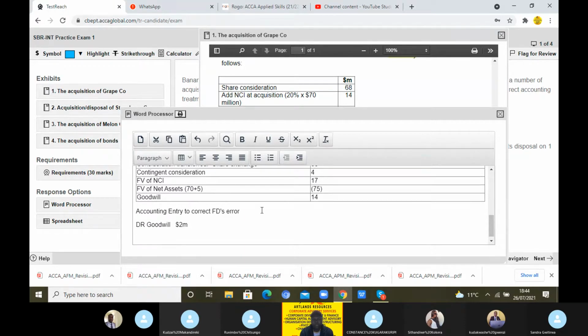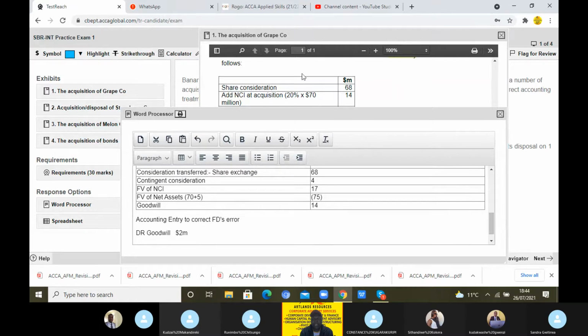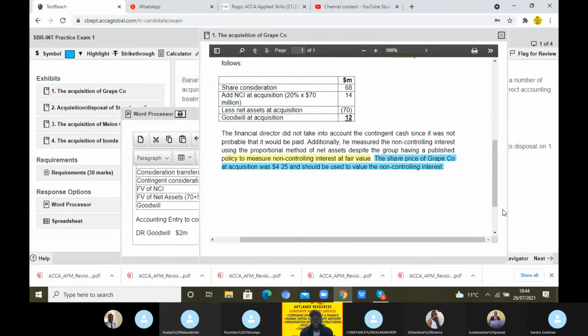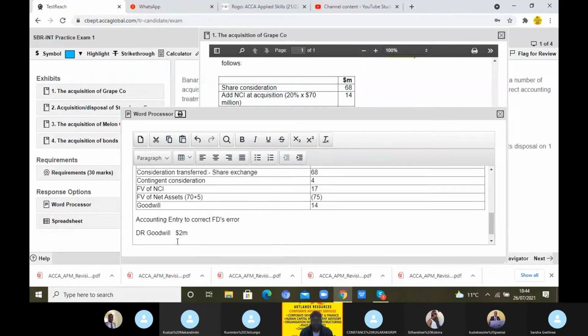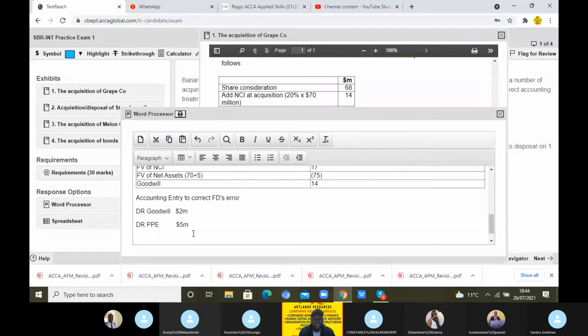What else? Notice, net assets, when you acquired, you considered them to be 70, but you realized that the net assets are not actually 70, but they are 75. So you say debit property, plant and equipment, because land was revalued, fair valued by 5 more, PPE 5. And then what else?